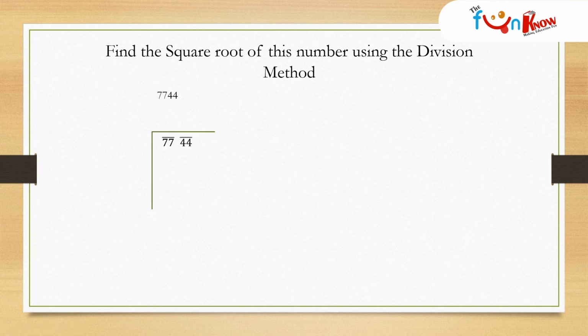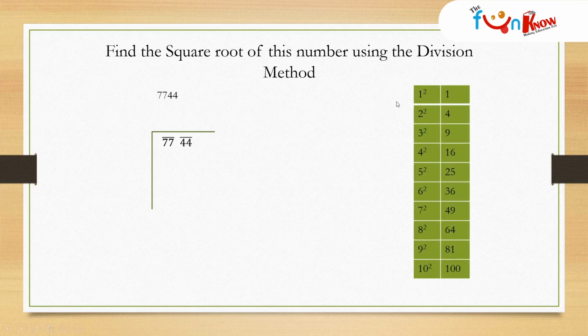Then we will divide. Obviously, second rule, make sure the first pair will be having the exact square, or it should be nearer to the square number. Now this is our square table, students. Nearer to 77. Which number is nearer to 77? 7 squared is 49.